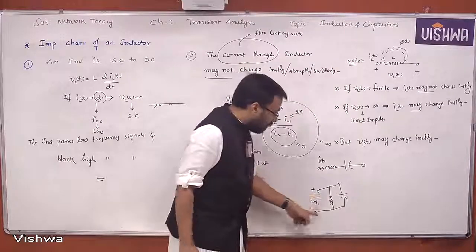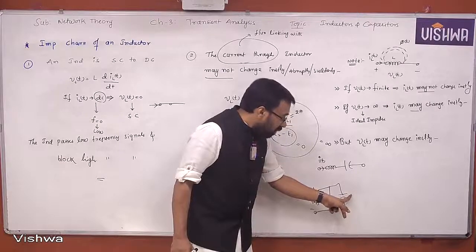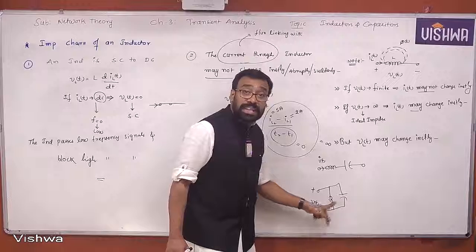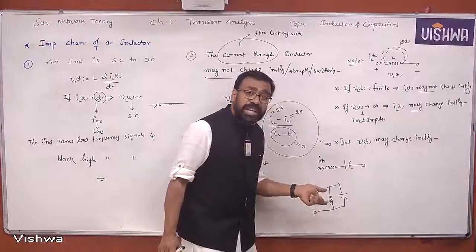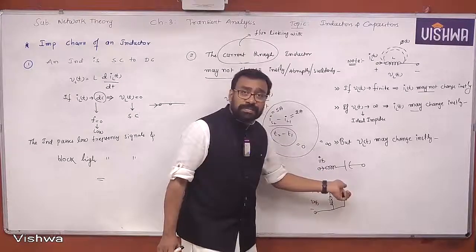Well, here also same. You see, the voltage across the capacitor may not change, but voltage across the inductor may change. Individual statements. But when they are connected in parallel, now which statement you are supposed to take here? Now inductor is supposed to follow the capacitor.